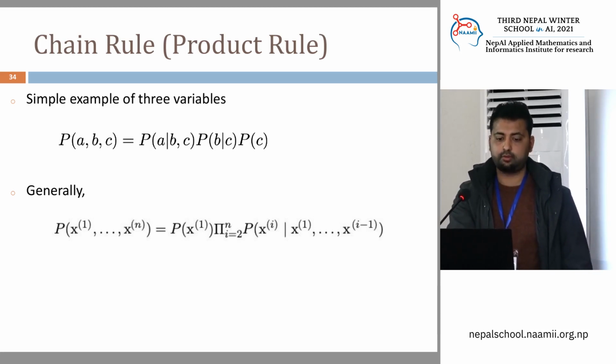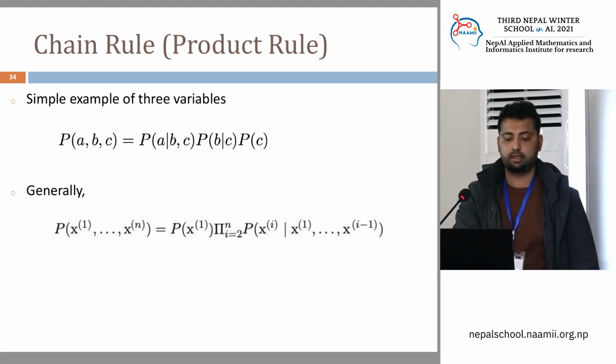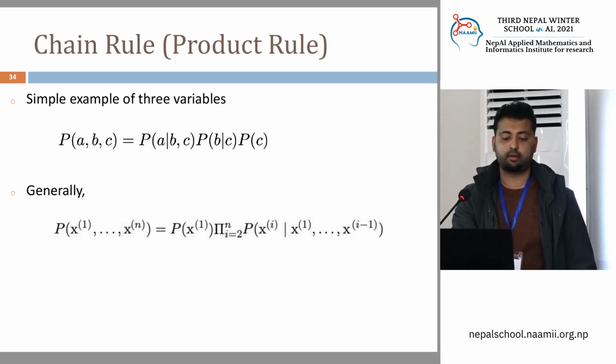When you want to find a joint probability distribution, you can write it by starting with the probability of A given B and C, which is a conditional distribution, and the probability of B comma C would be the probability of B given C times the probability of C.